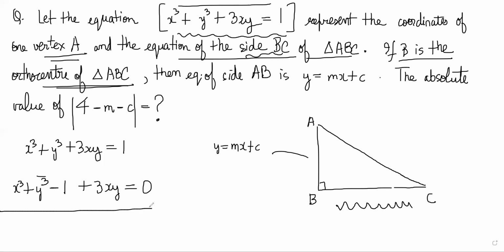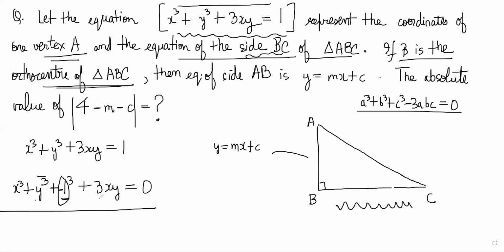Notice that this can be written as x cube plus y cube plus minus 1 whole cube. You'll get a cube plus b cube plus c cube minus 3abc is equal to 0, because a is x, b is y, c is minus 1. Minus 3 into minus 1 into xy becomes plus 3xy.